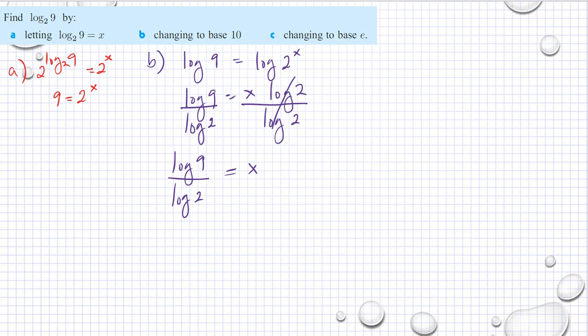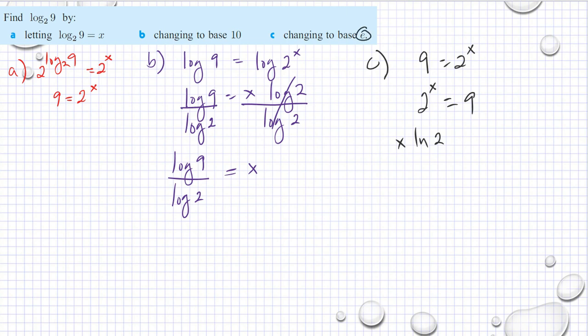Okay, for C, we have 9 is equal to 2 raised to x. Sorry for that. If I change it to 2 raised to x is equal to 9, it's easier for us to see. Then x ln of 2, I hope you understand that, because I'm going to use e as a base.